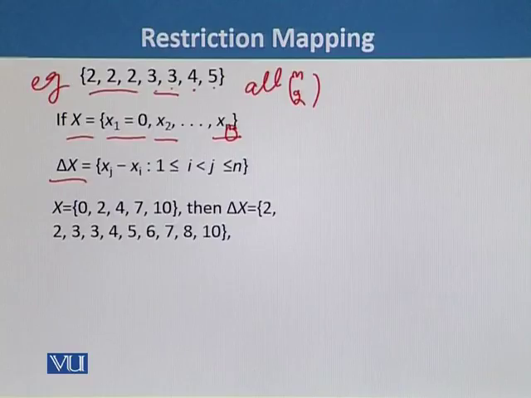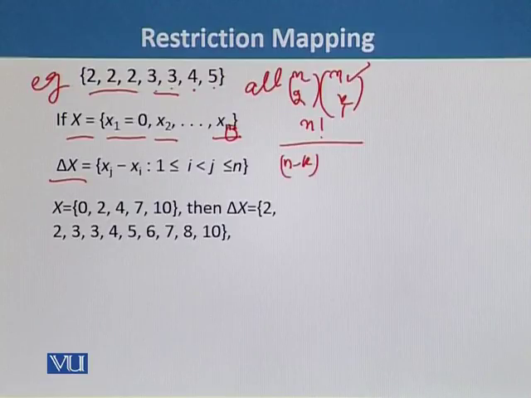So this n choose 2 means the number of distinct subsets of k elements, if we consider it like n choose k, then it is the number of distinct subsets of k elements taken from a larger set of n elements, and is given by the expression n factorial divided by n minus k factorial multiplied by k factorial.